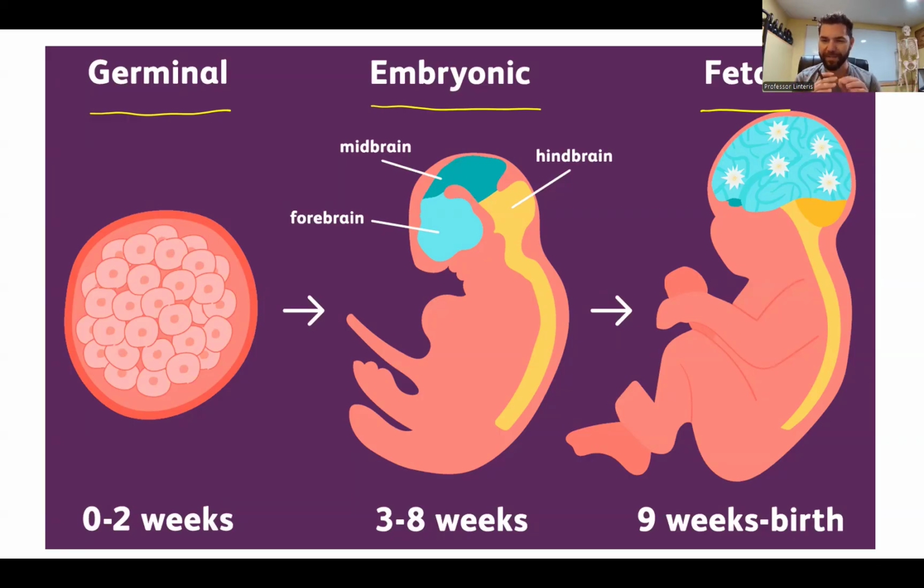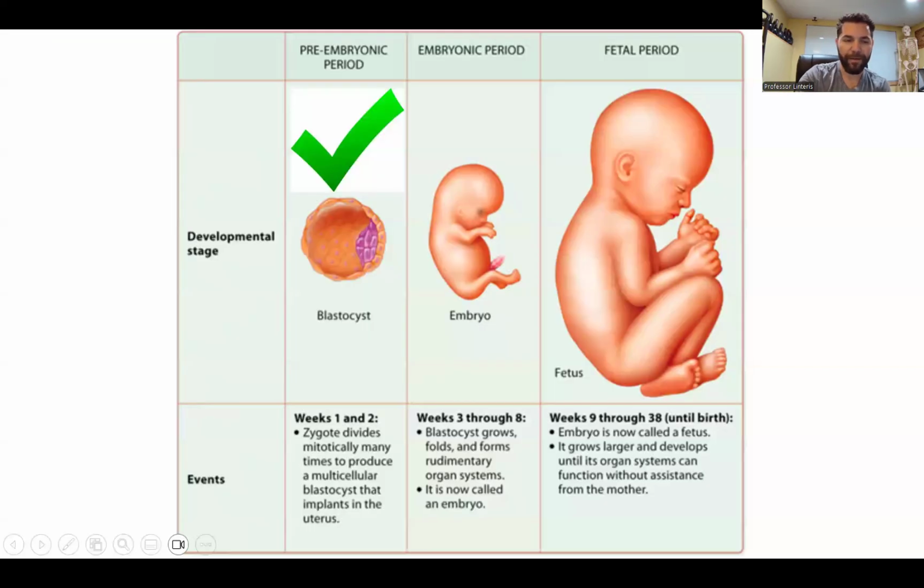And you start to have some of those cells start to differentiate. You can see 3 major areas of the brain. It starts to look like it's got some limbs and things. And then 9 weeks until birth, we refer to it as the fetal period, right? Obviously, neural tissues developed, limbs, et cetera. And we'll take a look at what that looks like. But those are the 3 general phases.